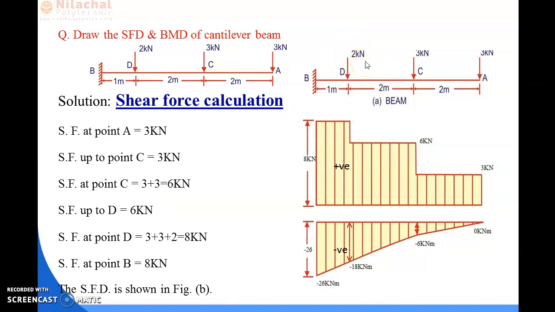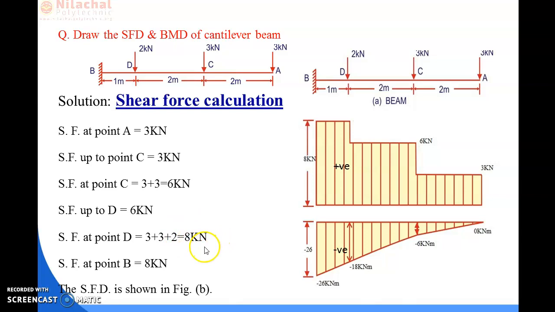So we have to add the shear force up to point D with the force at point D, which is 2 kilonewton. So 6 plus 2, which is 8 kilonewton.